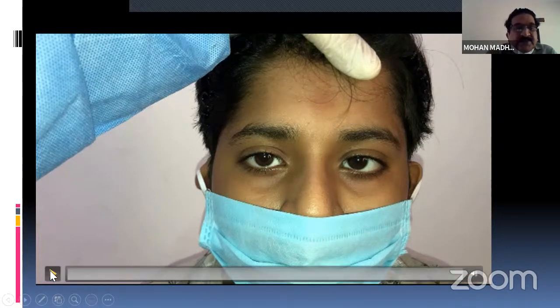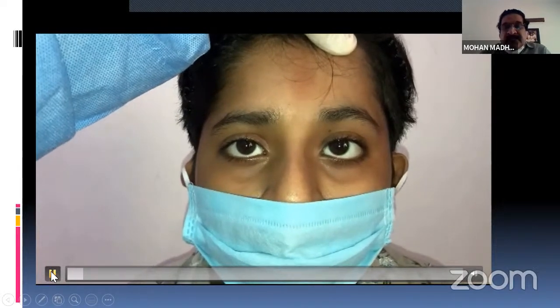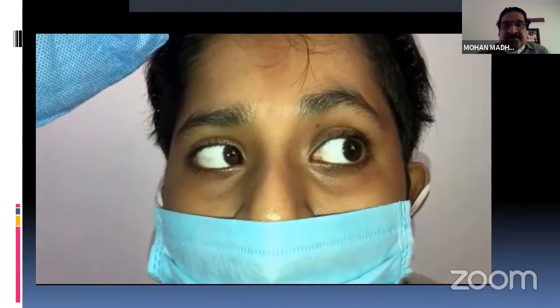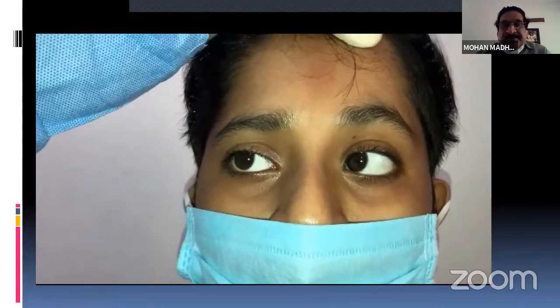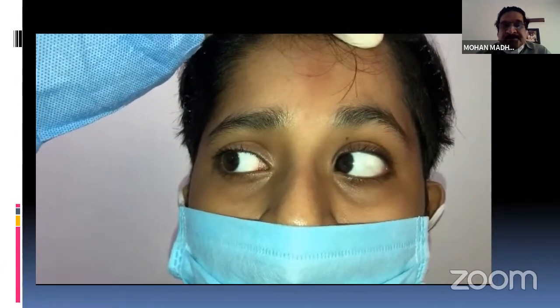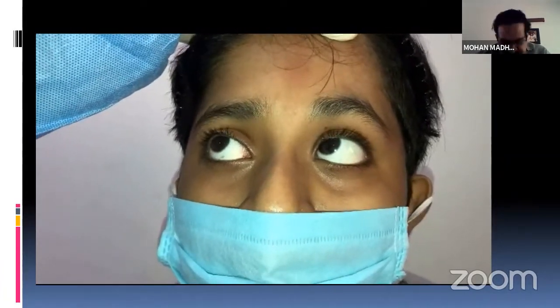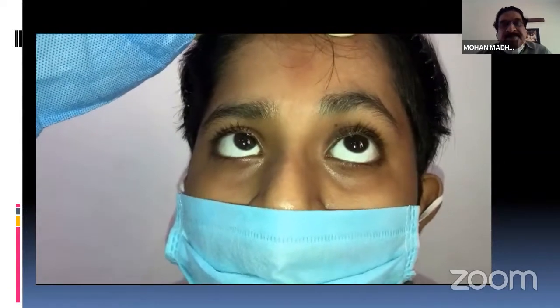So let us see the ocular movements of this patient. In the sitting position, there is a minimal deviation inside, but the movements are okay. To the right. Now I ask him whether there is diplopia. He said no diplopia. Even now there is no diplopia.